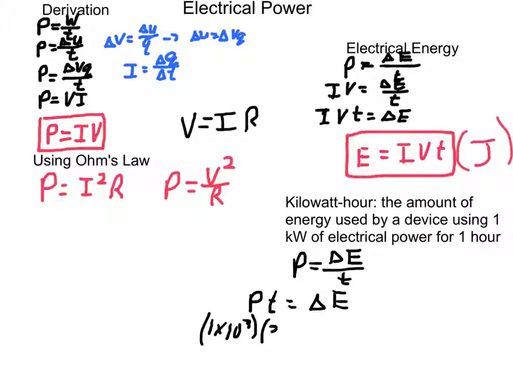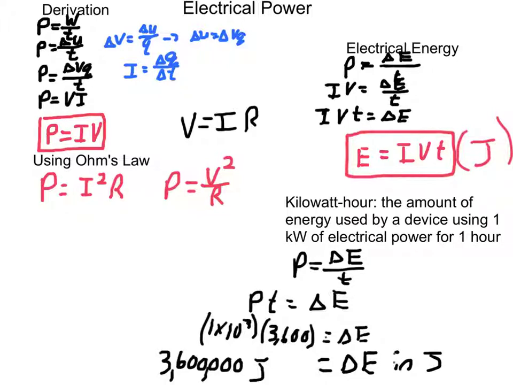Well, we know how many seconds are in an hour. 3,600. 60 times 60, right, equals delta E. Back in our base units of watt, base unit of seconds, whenever you multiply those together, delta E in joules. You don't even have to stick that in your calculator, it's just 3,600 times 1,000. You come out with 1 kilowatt hour is equal to 3,600,000 joules worth of energy.